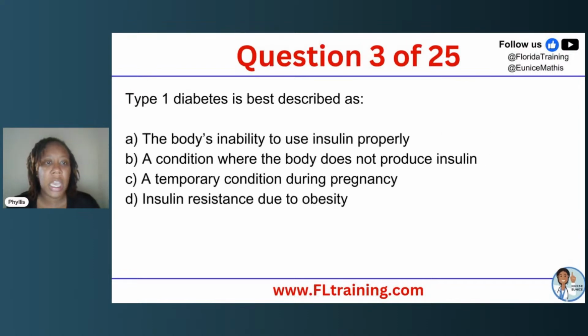All right, type 1 diabetes is best described as A, the body's inability to use insulin properly. B, a condition where the body does not produce insulin. C, a temporary condition during pregnancy. D, insulin resistance due to obesity.